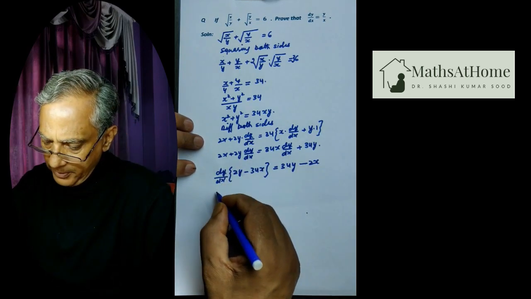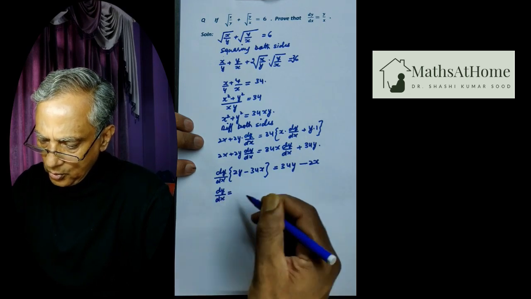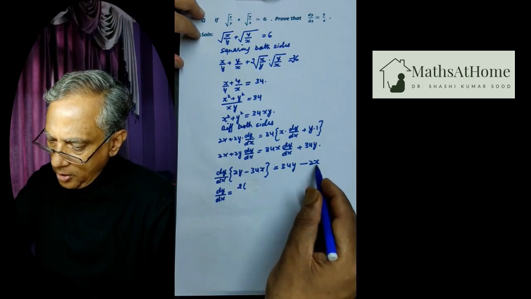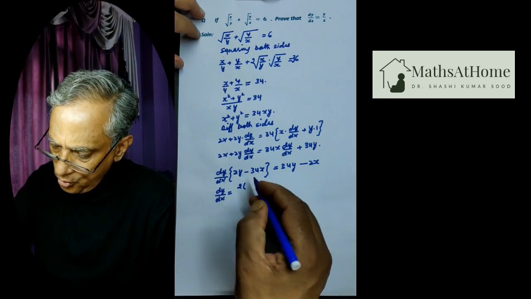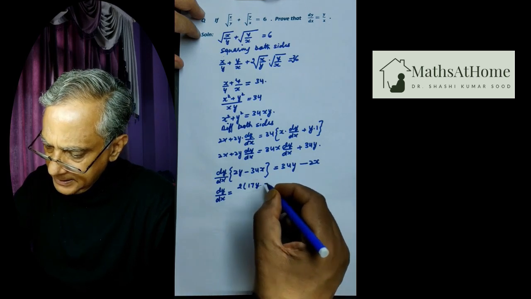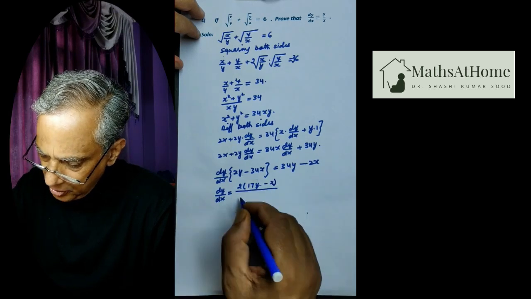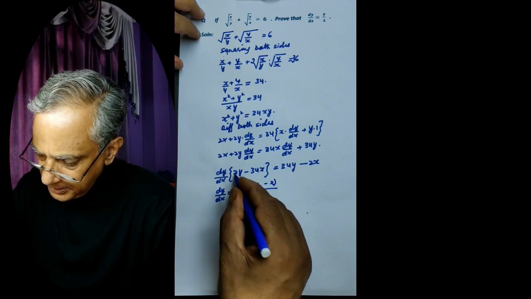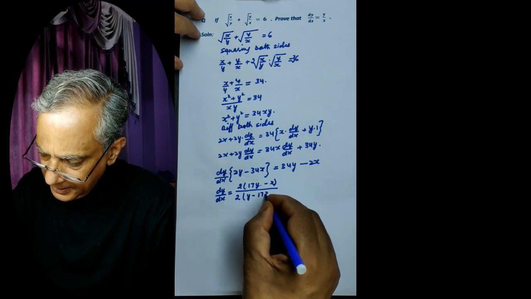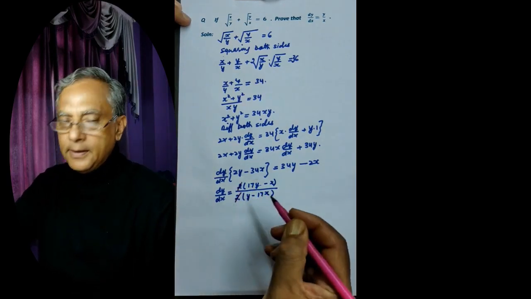So this will be dy by dx is equal to 2 into, now 2 is common, so we get 2 into 17y minus x whole divided by 2 is again common, and we get y minus 17x. This 2 cancels with this.